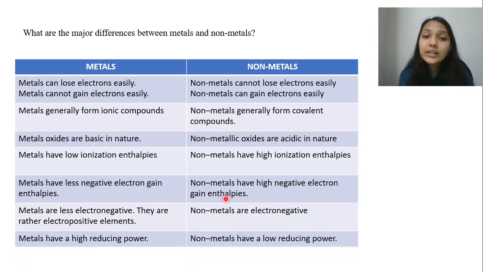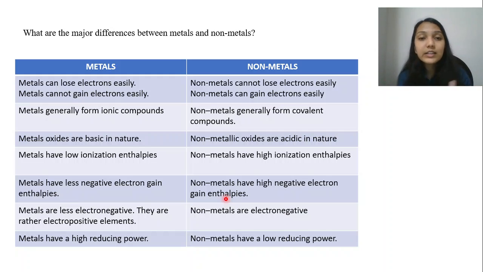Fine. And metal oxides are basic in nature. This we discussed almost around the end of the chapter, right? And non-metallic oxides are acidic in nature. Now when we go from left to right, that is from metals to non-metals, metals have low ionization enthalpy and less negative electron gain enthalpy, right?